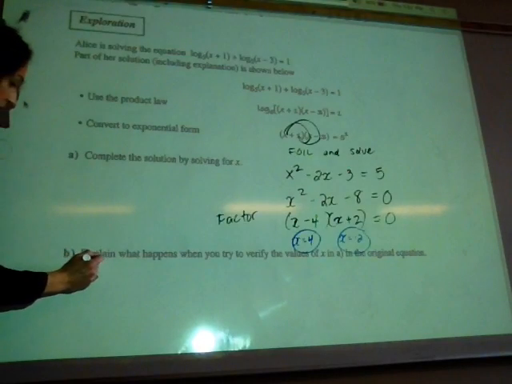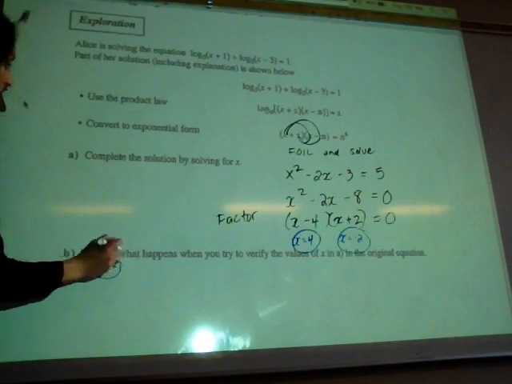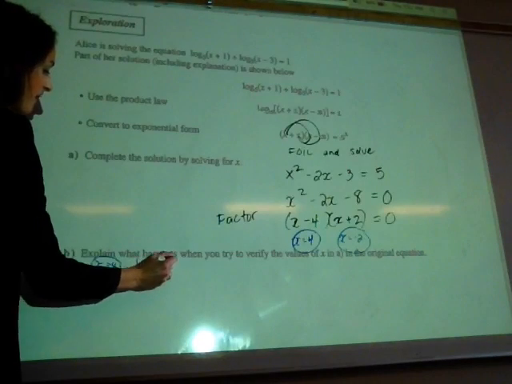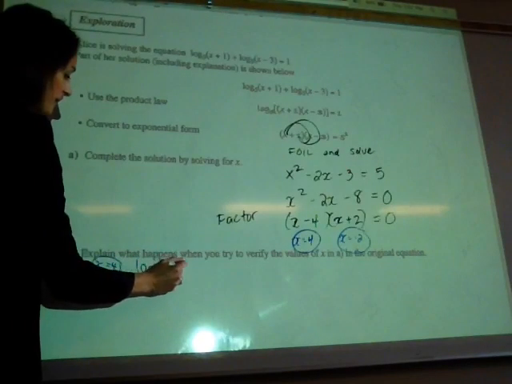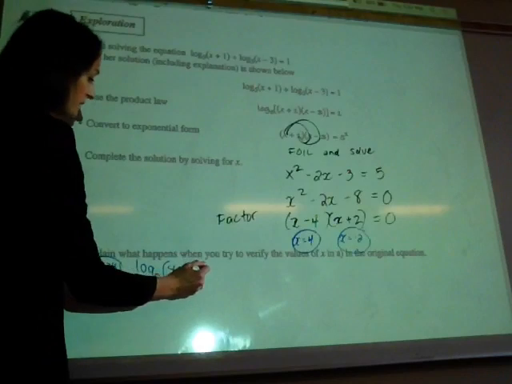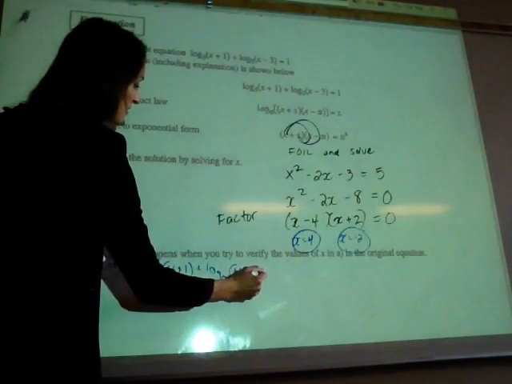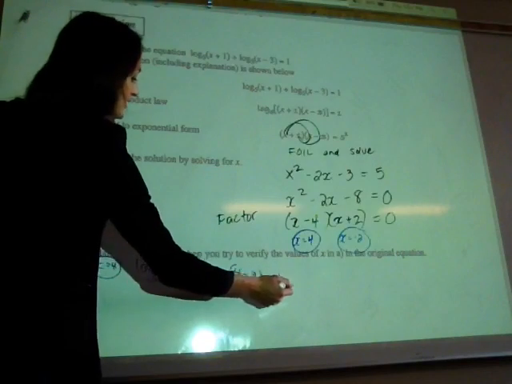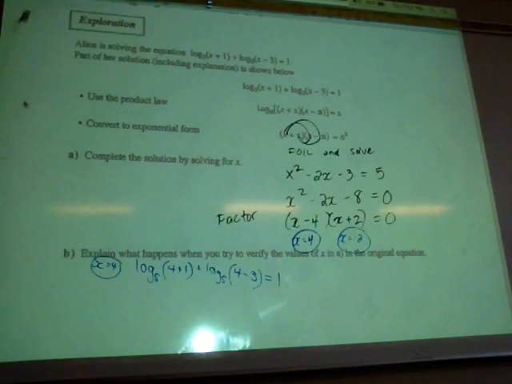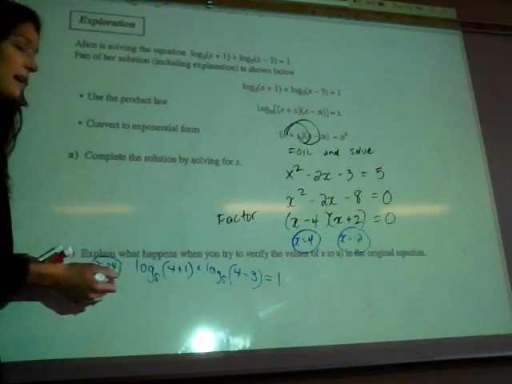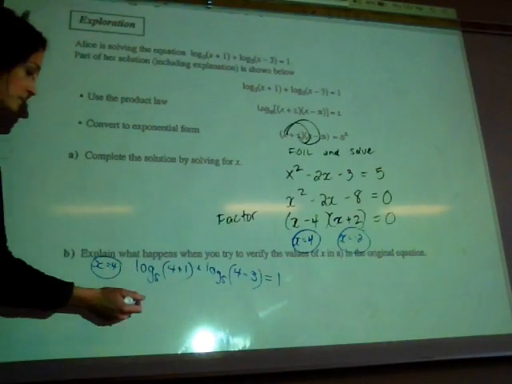Okay, so if x equals 4, let's sub that into the original equation. And we get log base 5 of 4 plus 1 plus log base 5 of 4 minus 3. I need to check if that's going to equal 1. So log base 5 of 5, what does that equal? 1.